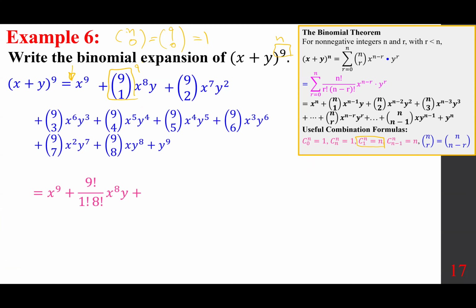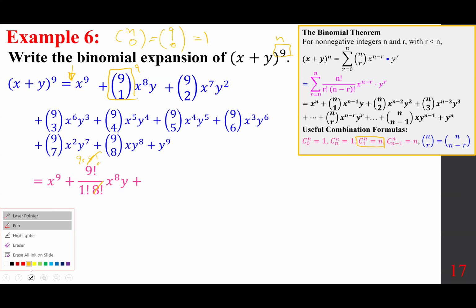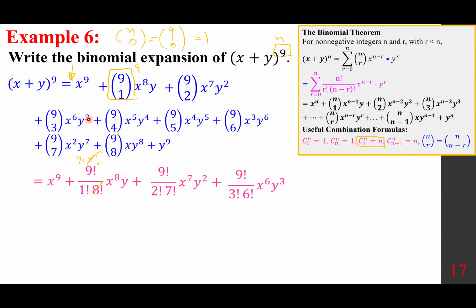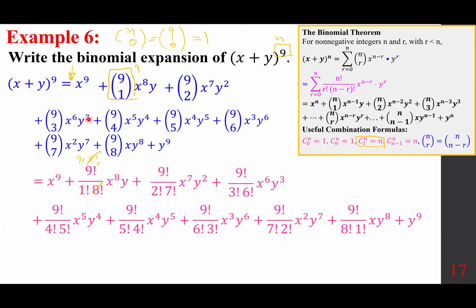As you can see, this becomes 9, because 9 factorial is 9 times 8 factorial, so they cancel. You don't have to worry about that. The next one is 9 factorial over 2 factorial times 7 factorial. The next one is 9 factorial over 3 factorial times 6 factorial, and so on.